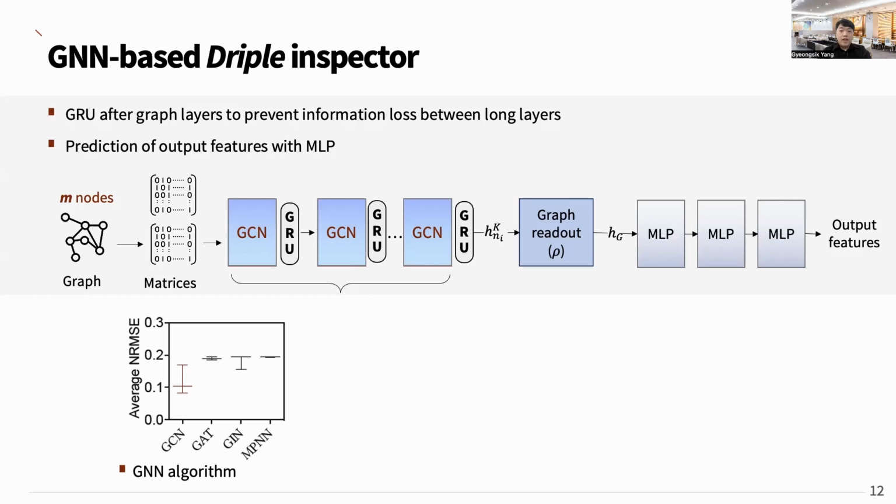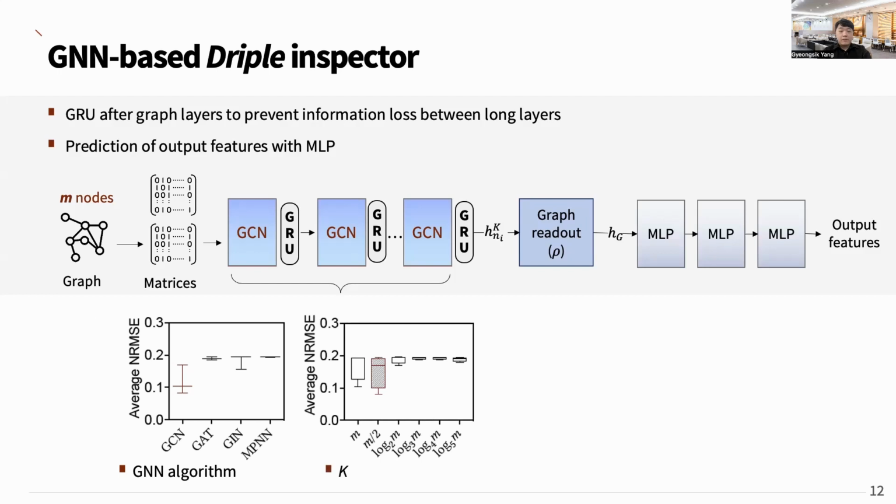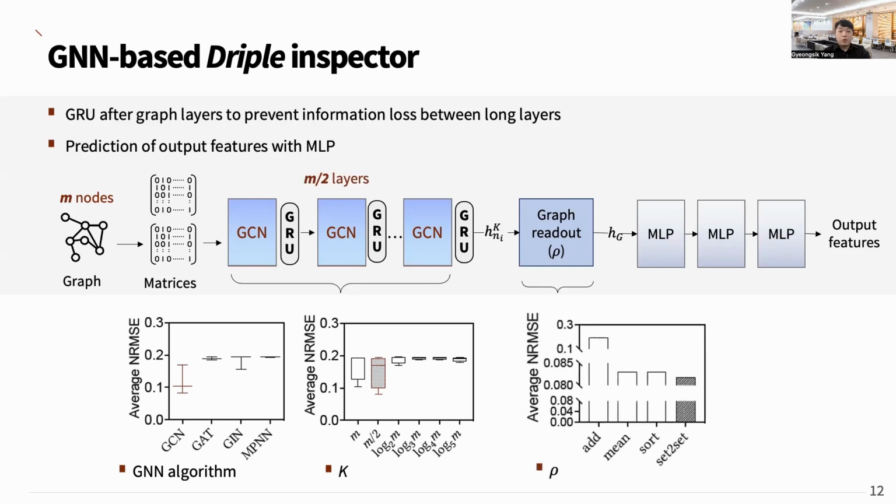Given M, which is the number of nodes of an input graph, we test various numbers of graph layers. Then M over 2, which shows the lowest median error, is chosen for the graph layers. For the readout layer, we compare the prediction error between 4 methods and select set to set that uses LSTM neural networks for the Drupal inspector.